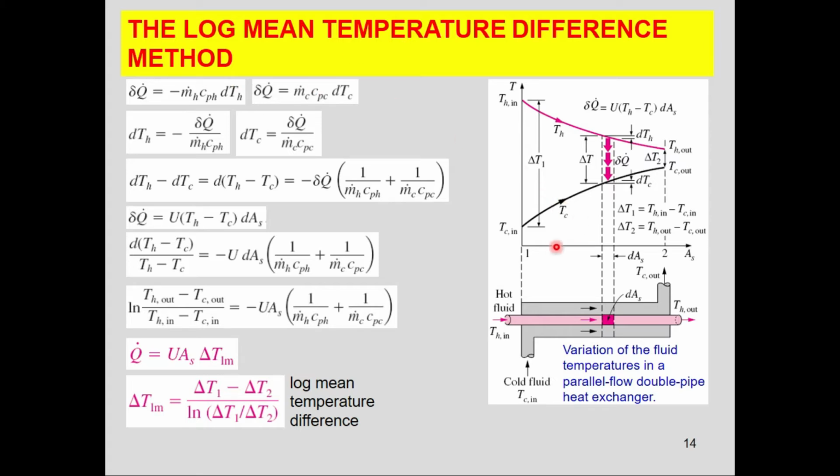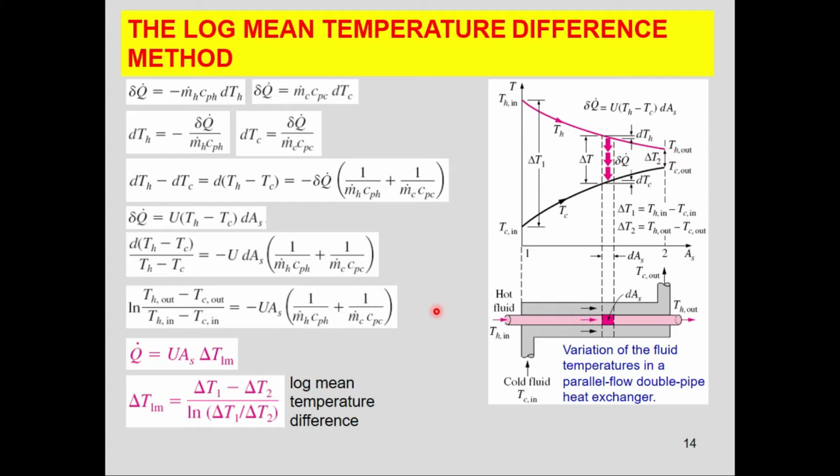I will explain all this derivation in a bit. I'm just trying to give you the idea of why we are going to develop the expression for delta T Lm, the log mean temperature difference. The reason is that delta T varies along the length of the heat exchanger.